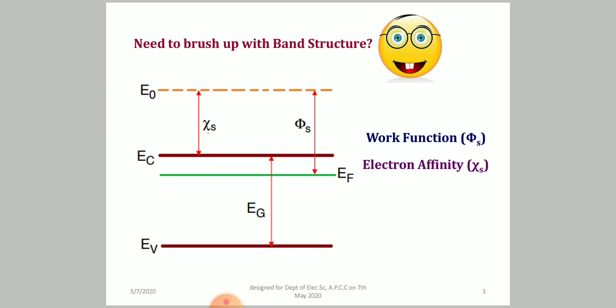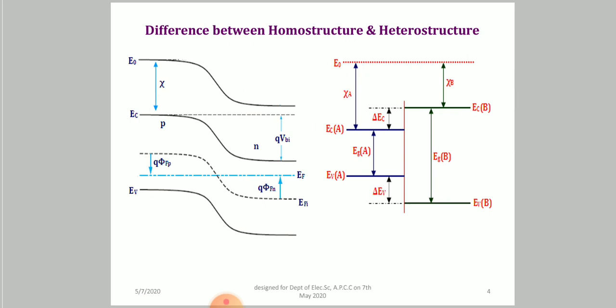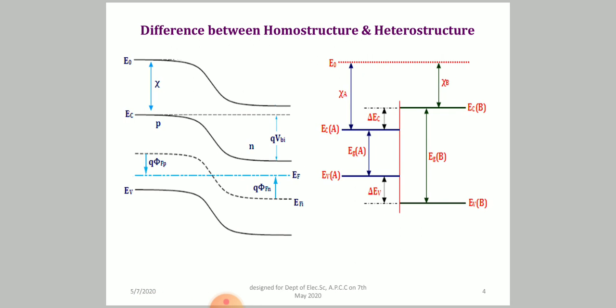So with this basic concept of work function and electron affinity, we go to the heterostructure and homostructure. Let's go to this case. Now I start with the homojunction, say the PN junction. Now first let me distinguish between homo and hetero. Point number one, both are junctions.